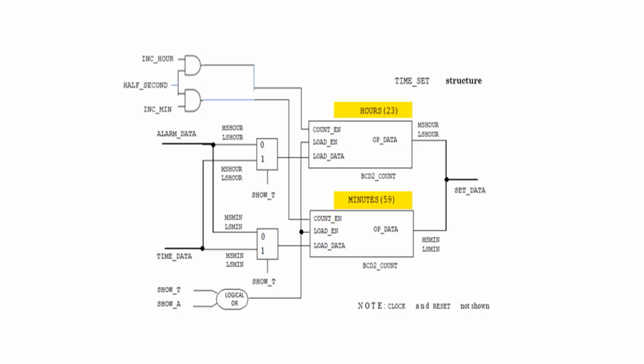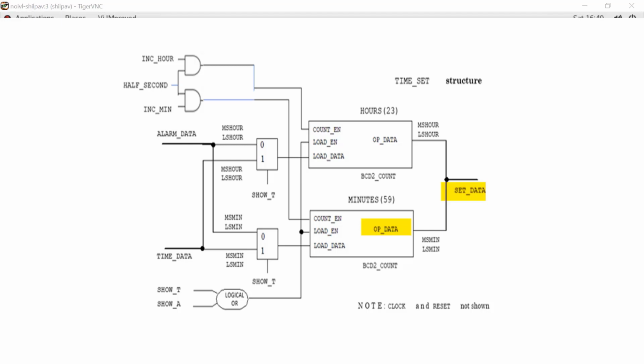We use these values for the generics. The output op_data of the hour component forms the hour component of set_data. Similarly, the output op_data of the minute instantiation forms the minute component of set_data.